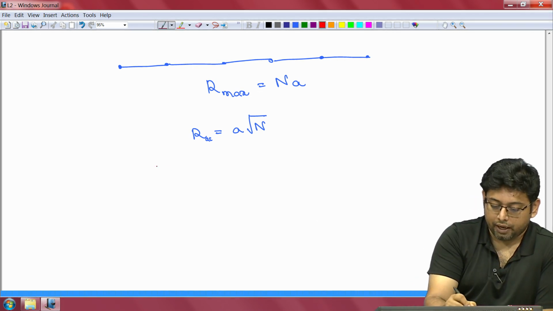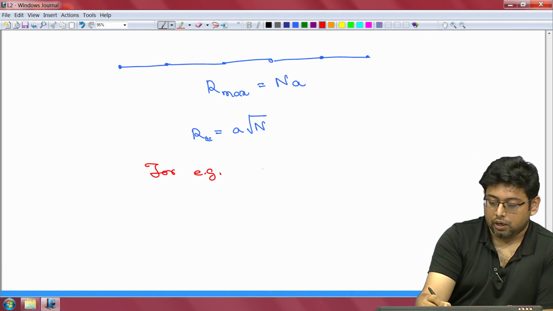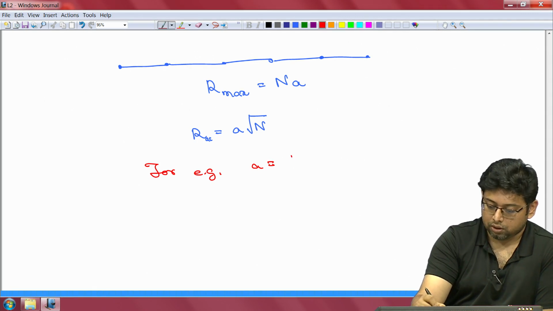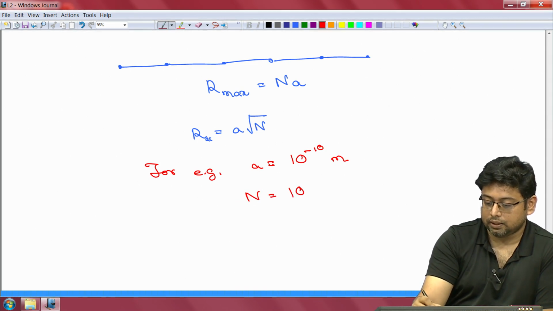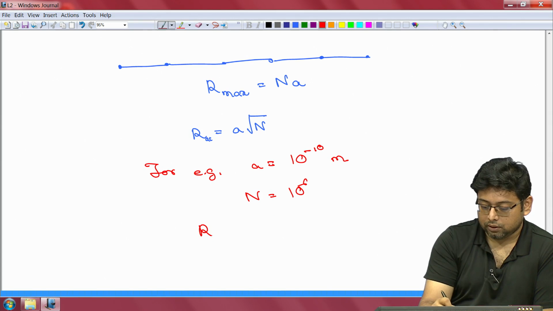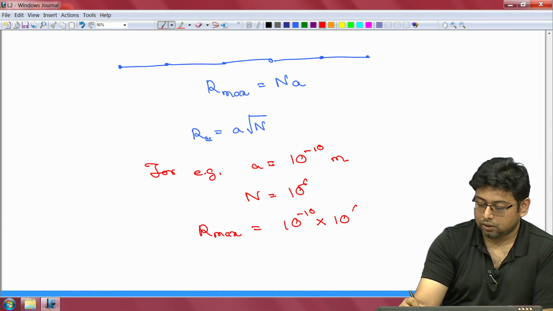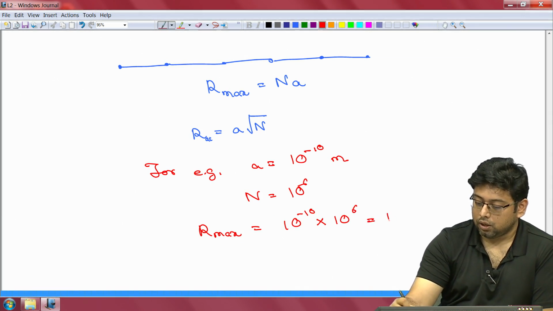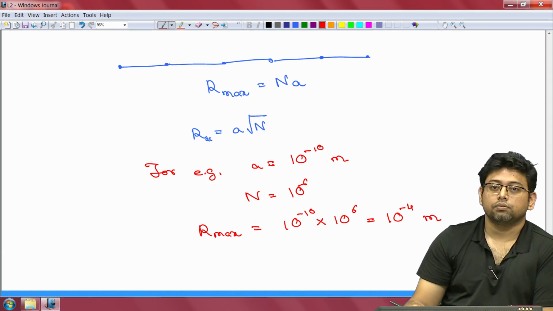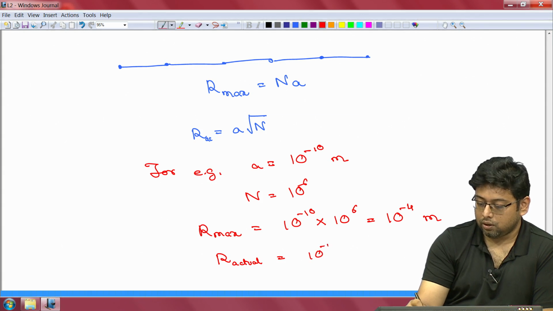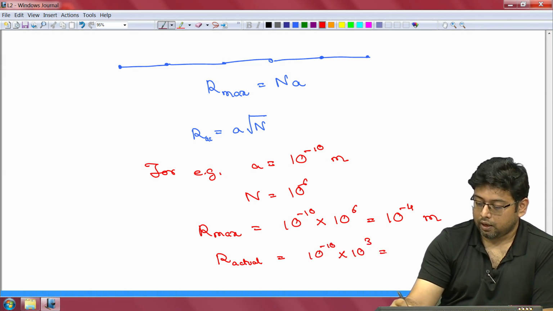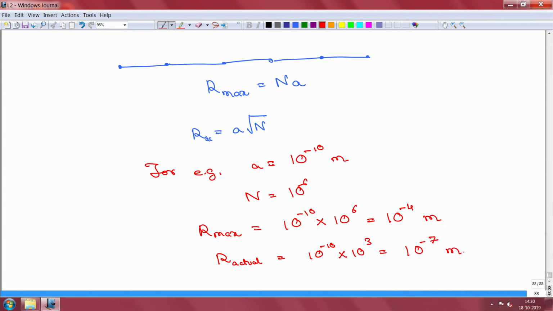If you take for example an A value of let us say 1 Angstrom, 10 to the power minus 10 meters, and n equal to let us say 10 to the power 6, then your R max here is 10 to the power minus 4 meters, whereas your R actual is 10 to the power minus 7 meters.